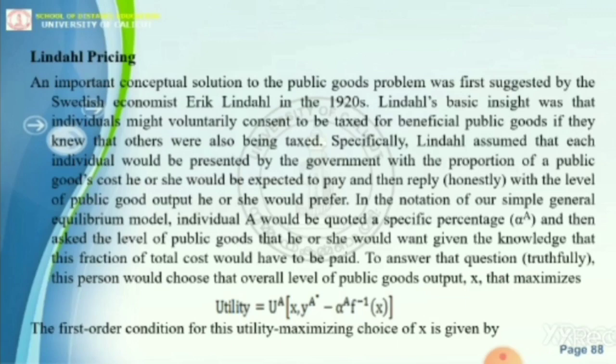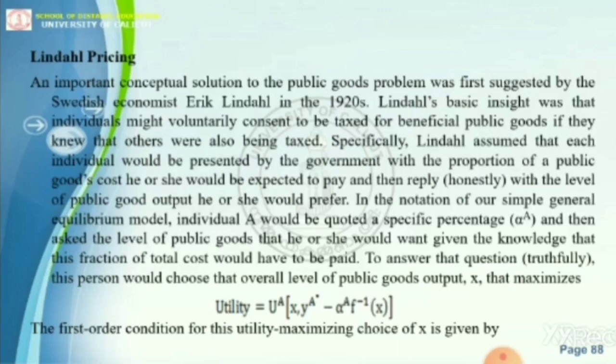To answer that question truthfully, this person would choose that overall level of public good output X that maximizes utility, which is U^A(X, alpha^A f(X) minus X).